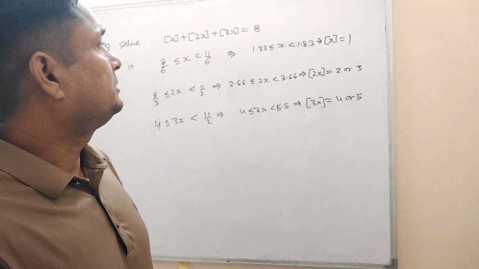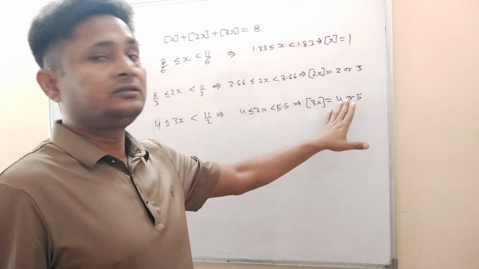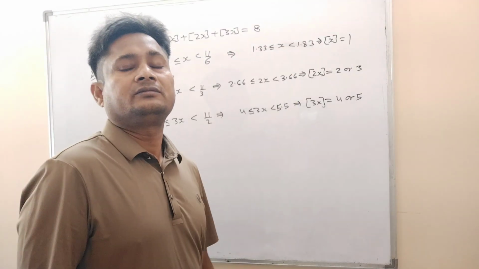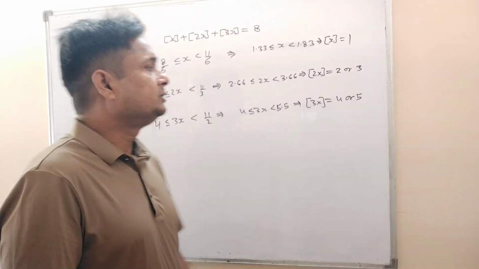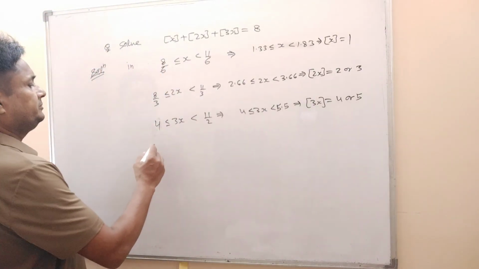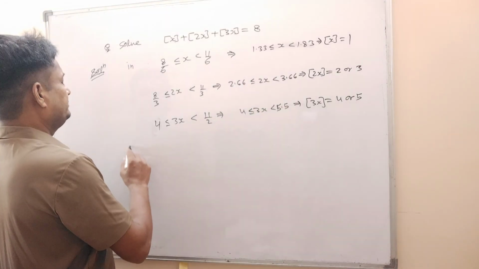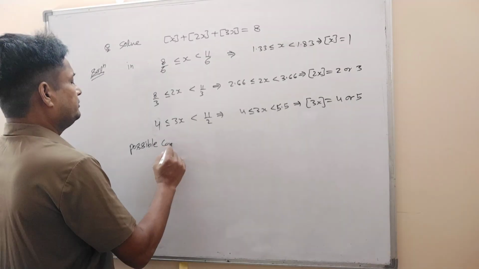So we have to find the combinations of these whose sum can give you 8 for our solution to exist, right? So what are the possible combinations?